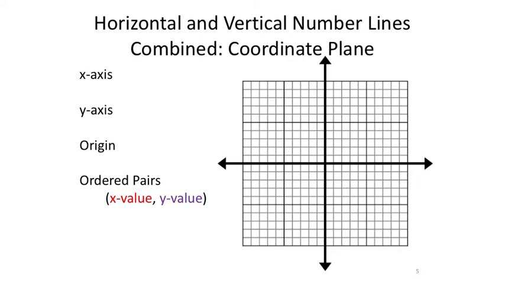Now on this grid, we need to be familiar with some of the vocabulary that goes along with this grid, okay? For example, if we say something like x-axis, you need to understand that is talking about the horizontal number line.